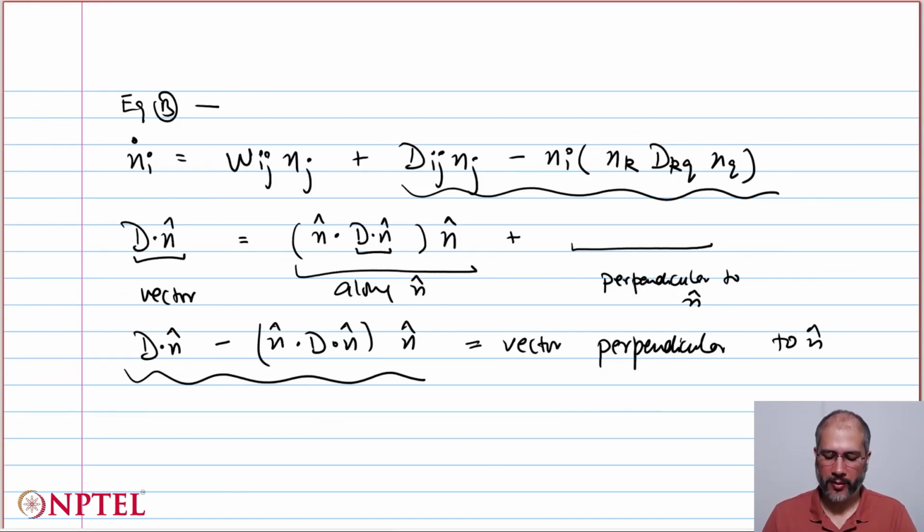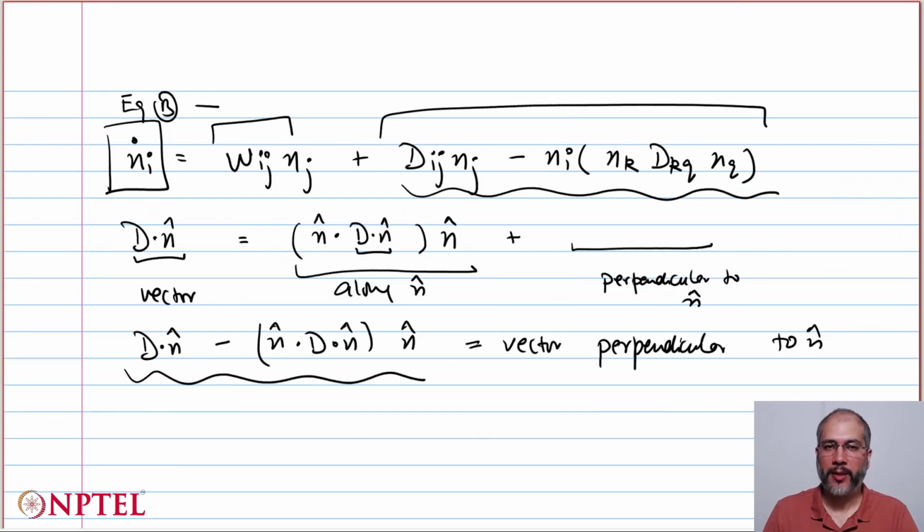Now we definitely know that this n-dot has to be perpendicular to n hat, because by definition n-dot cannot be in the direction of n. So both these quantities have to be perpendicular to n, and we can easily see that this is perpendicular to n and this is also perpendicular to n.